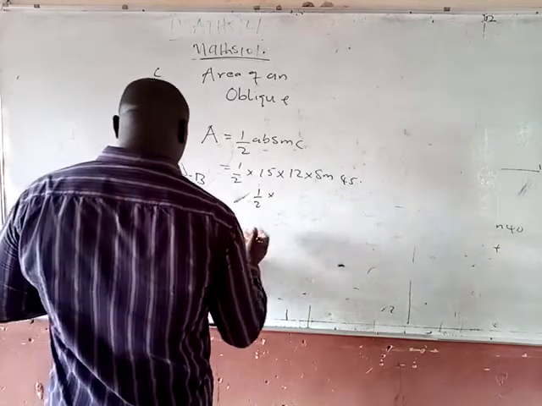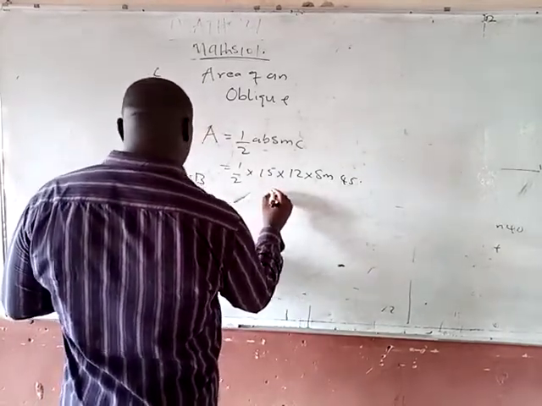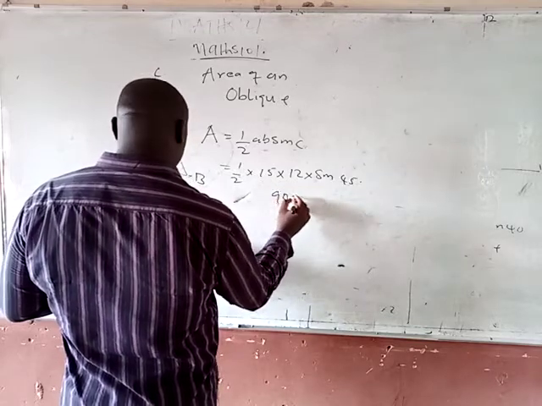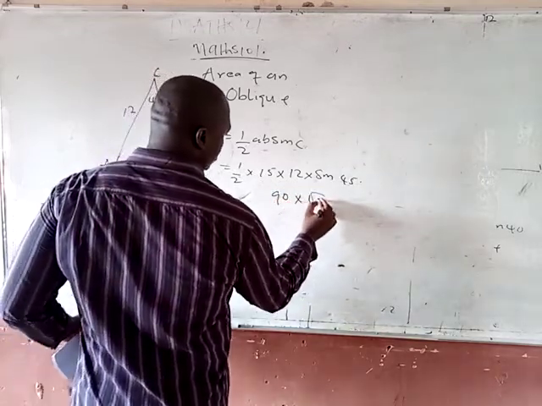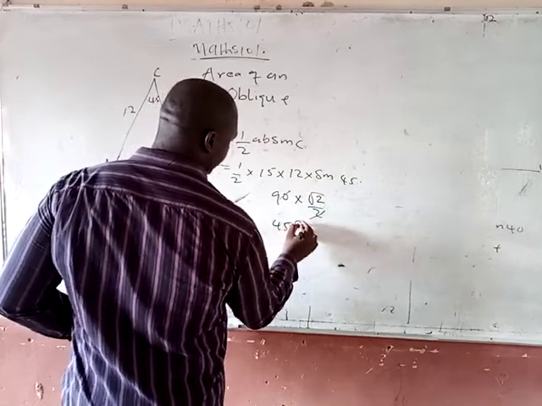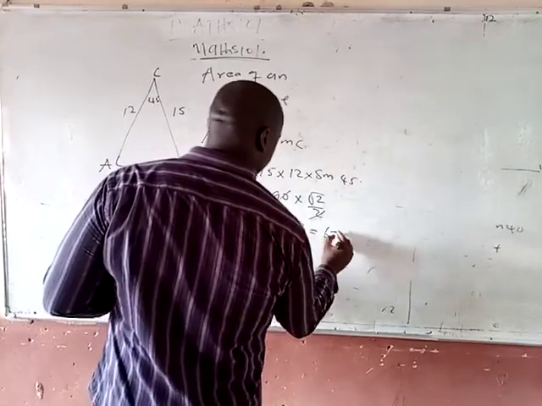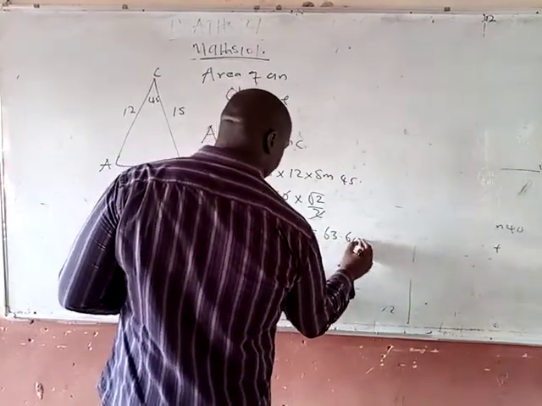So if you do everything together, you should get 90 times root 2 over 2. So this should give you 45 root 2. And in decimal, if you are punching your calculator straight, you should get 63.64.